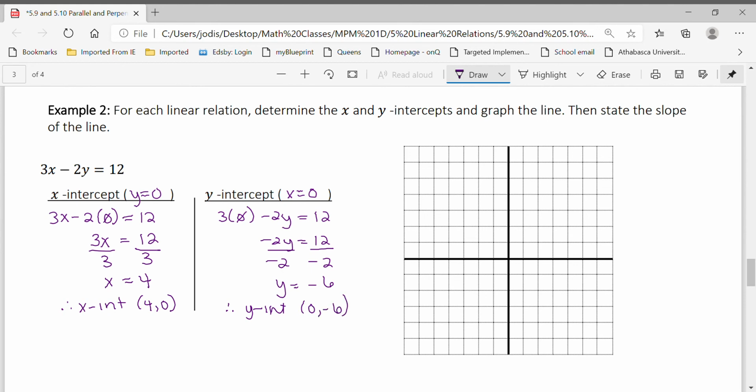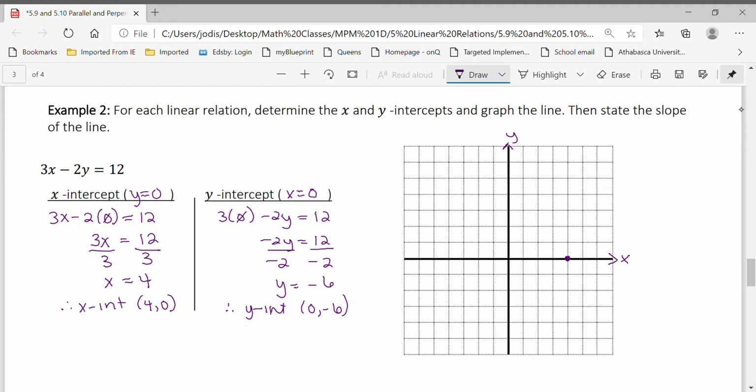So now they want us to graph this line, and we're going to graph it using the x and y intercepts. So x-intercept is (4, 0). Again, we're going to assume each line represents 1. So at x is 4, 1, 2, 3, 4, and y is 0. There's my dot. That's my x-intercept.